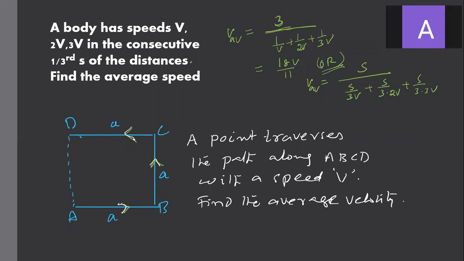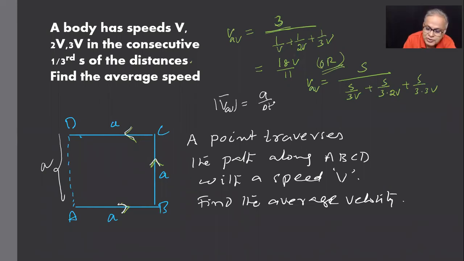So, displacement is how much, children? A. So, average velocity magnitude: V average mod equals distance A by the time, delta T. But the delta T is how much, children?